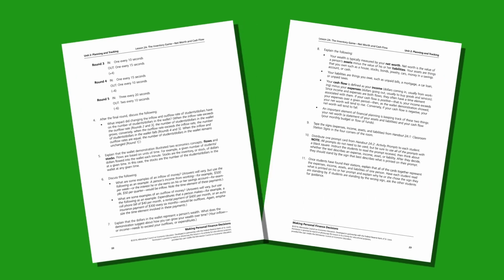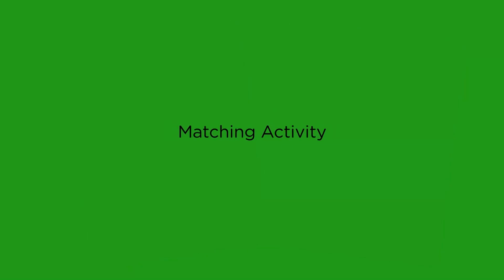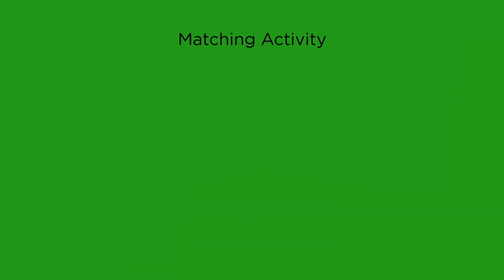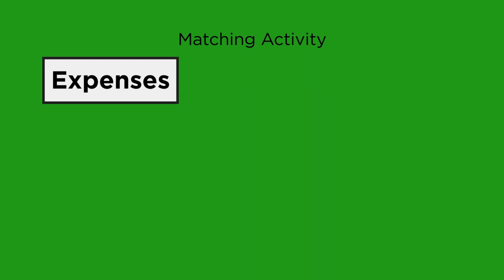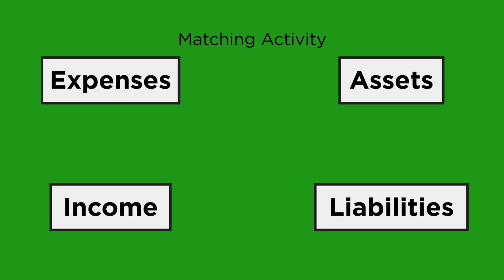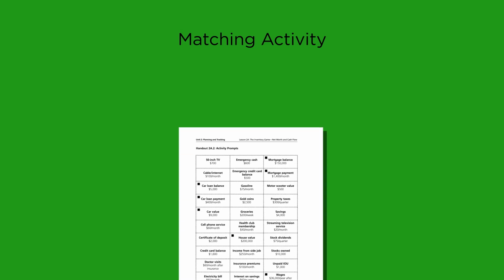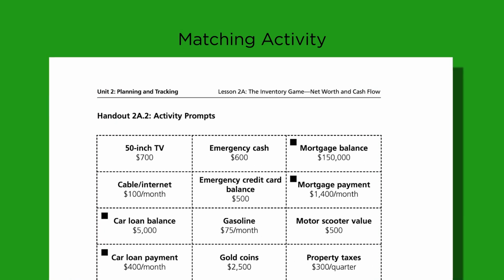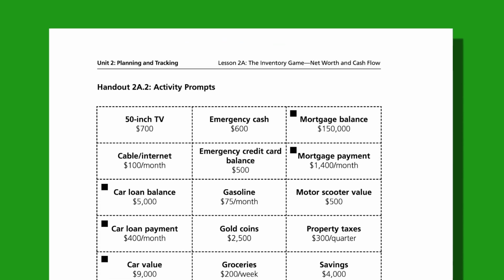After the final round, discuss the following from pages 22 and 23. After going over the discussion materials, it's time for the second activity. If you haven't already put up the 4 signs, you'll need to tape the 4 signs, expenses, income, assets, and liabilities in the 4 corners of the room. Distribute 1 prompt card from handout 2A.2, activity prompts, to each student.